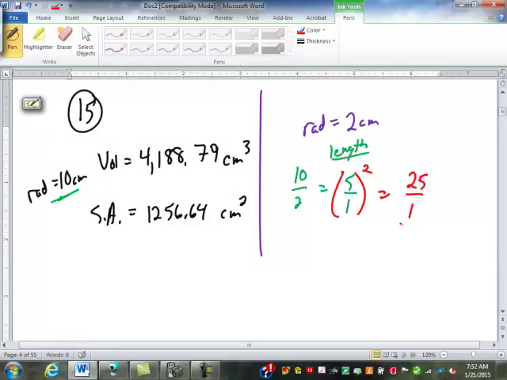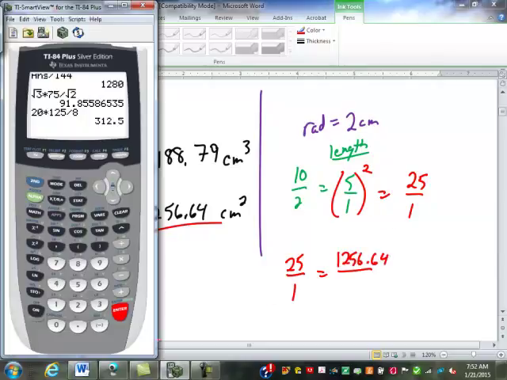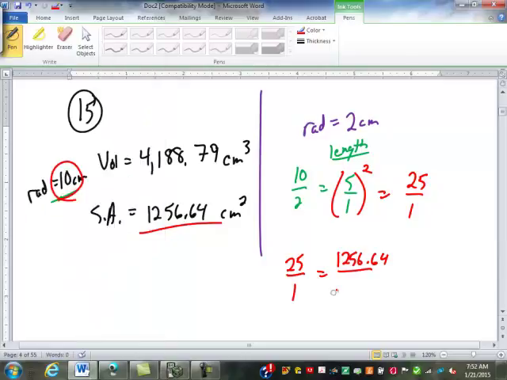So it's a 25 to 1 ratio of surface area. Where does the 1256 go, top or bottom? Well, the larger one, so that goes on top. And you cross multiply and divide. So 1256.64 times 1 divided by 25, 50.27 centimeters squared.